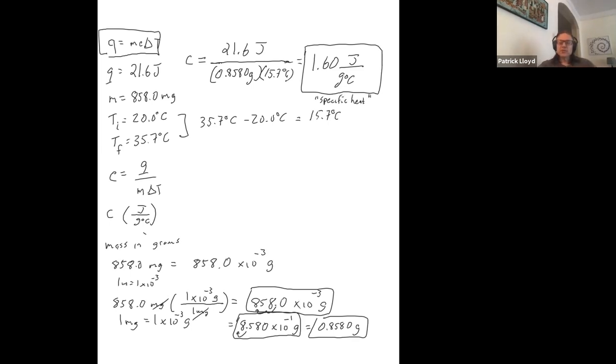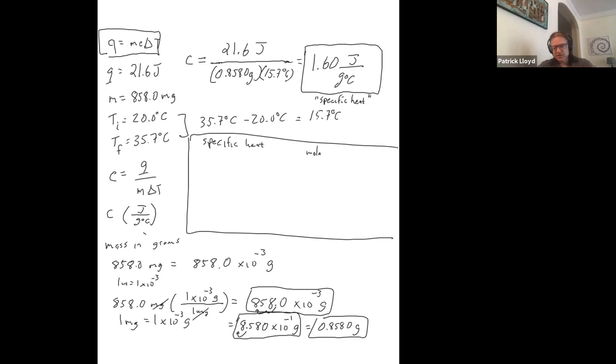Okay, so now let's get into our molar heat capacity. So we have specific heat, and then we have molar heat capacity. It's really just an issue of units, how we quantify how much material we have. We can either do it per gram, which is specific heat, or we can do it per mole, which is molar heat capacity.